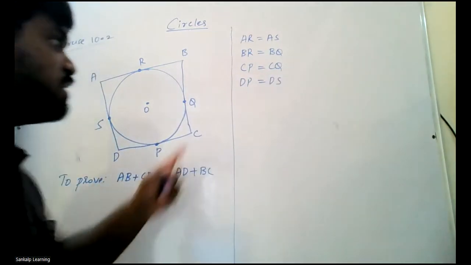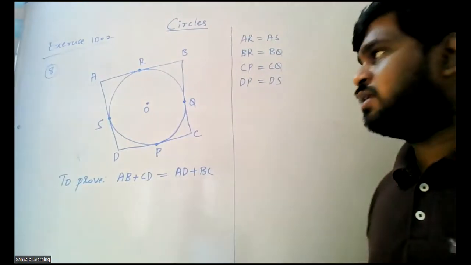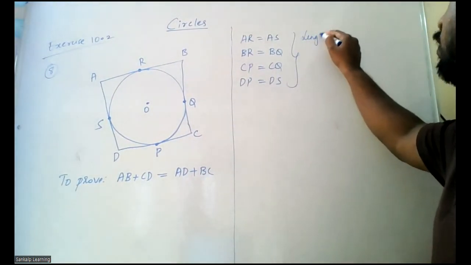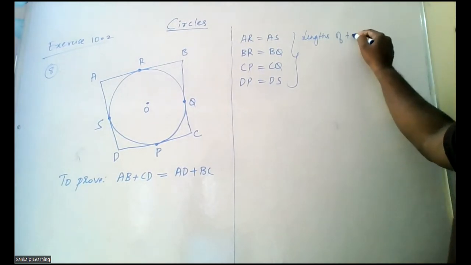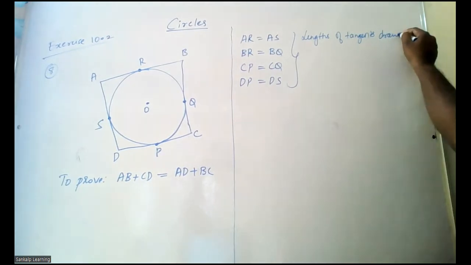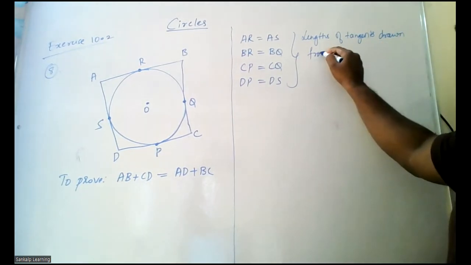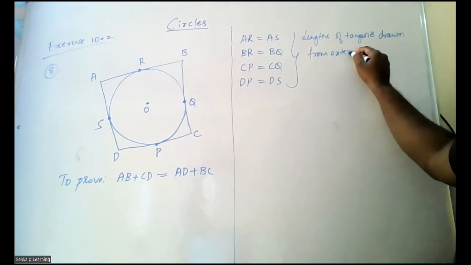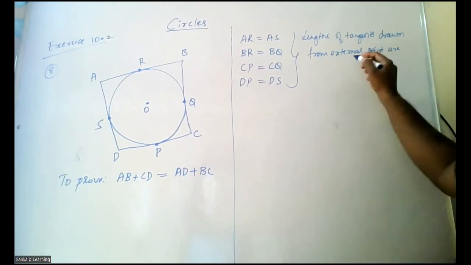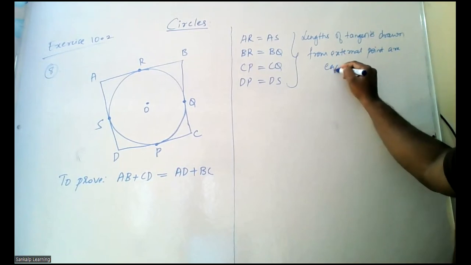Okay. What is the reason for all the four things that I have written? The reason for all this is lengths of tangents drawn from an external point are equal.